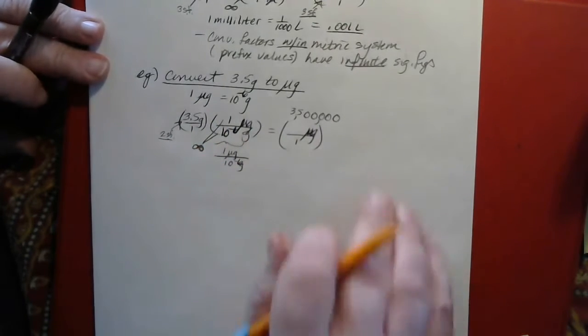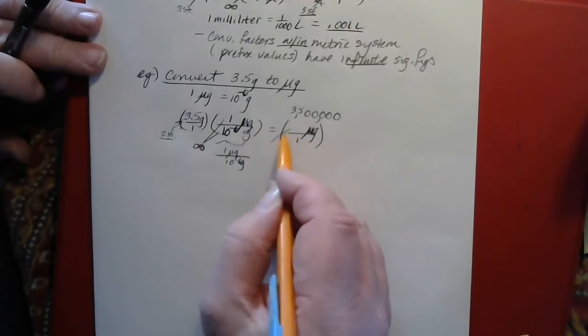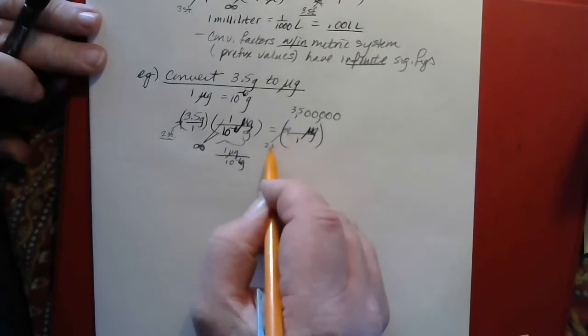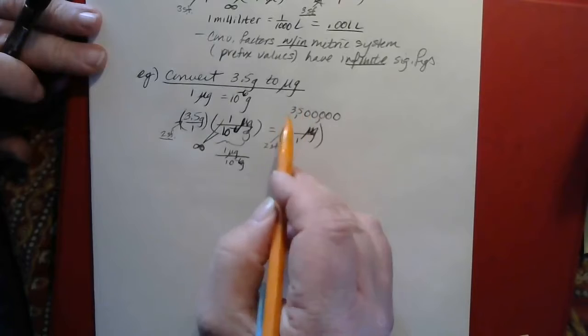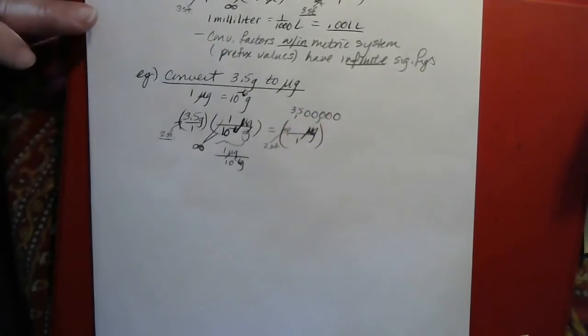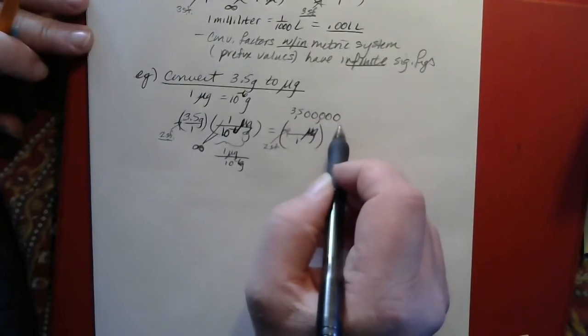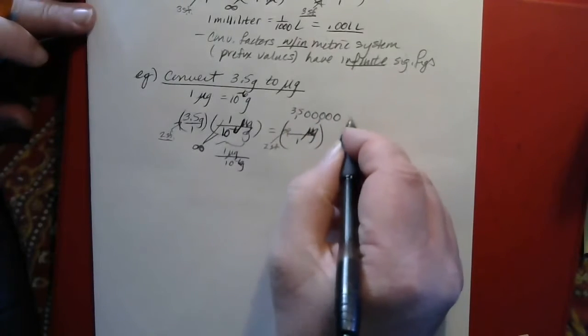That's considered an infinite number of significant figures. And so our answer should have 2 significant figures. Like I said, 3.5 million is 2 significant figures if there's no decimal point.